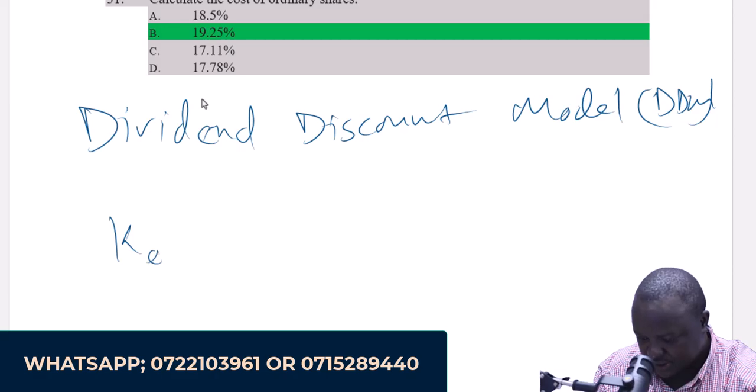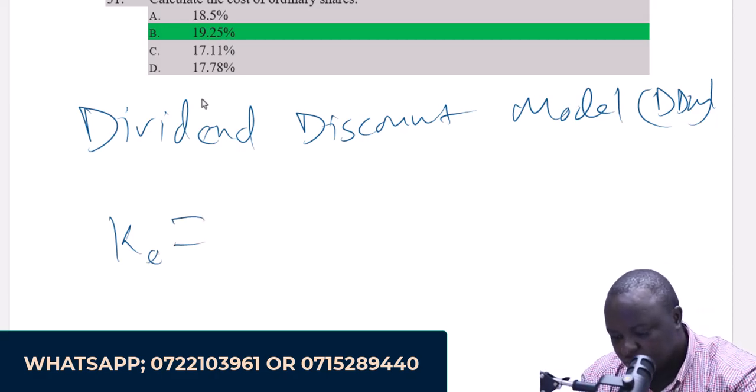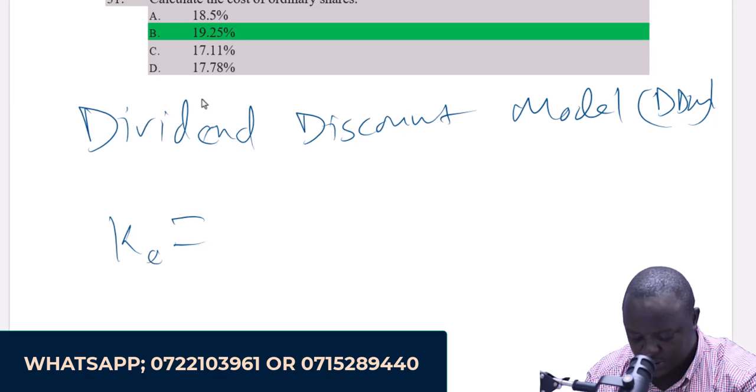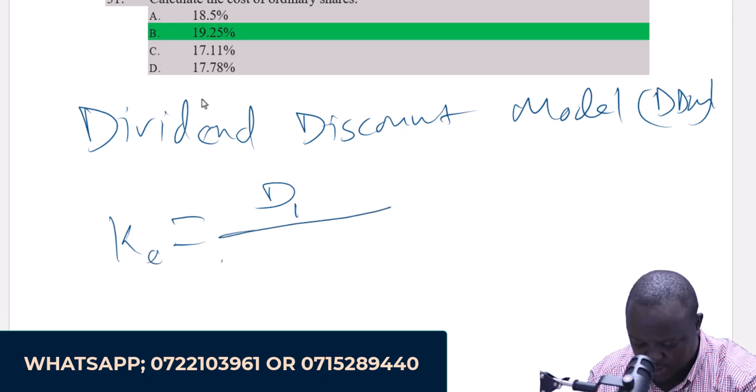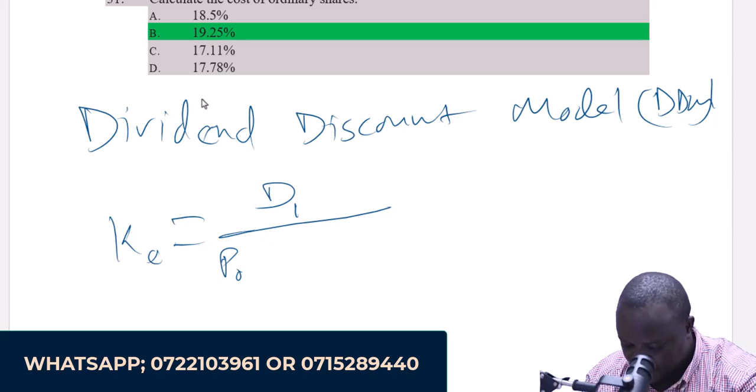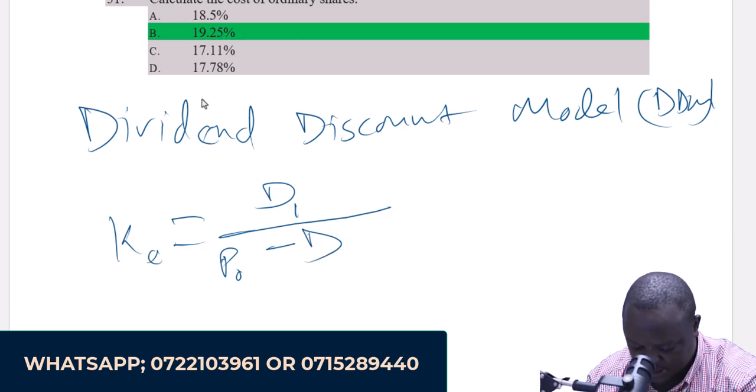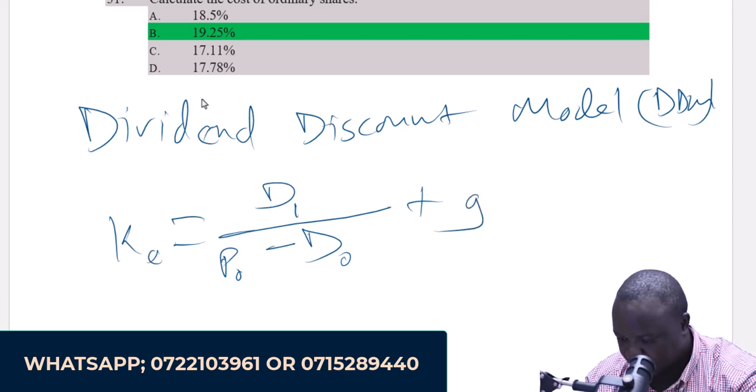The cost of equity equals dividend D1 divided by the market price minus the current dividends, plus the growth rate.